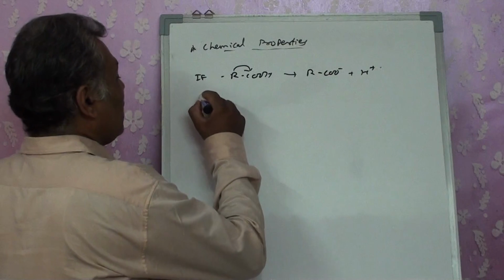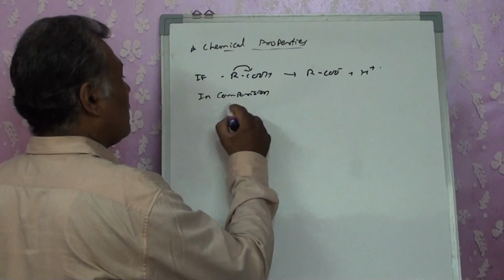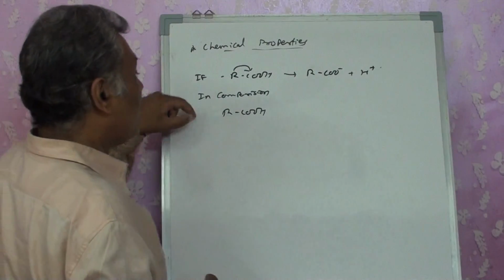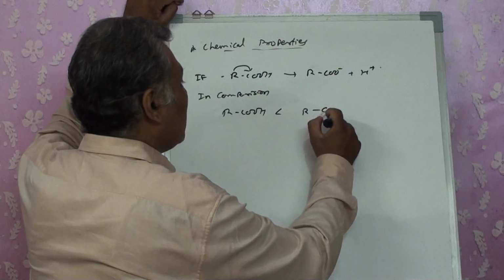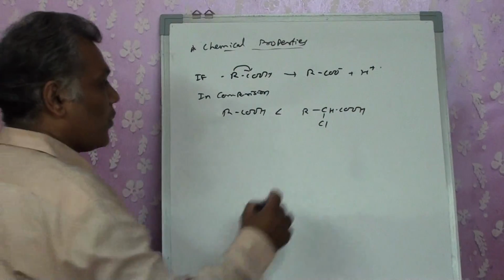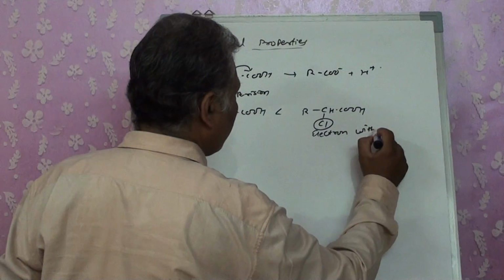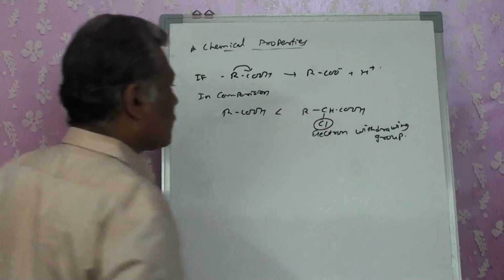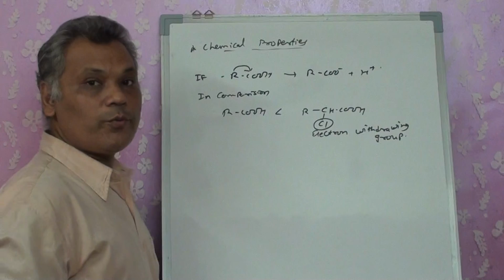So in comparison, RCOOH with an electron donating group is less acidic. If you are having it as RCCl, because this is an electron withdrawing group, the acidic character of carboxylic acid is more if an electron withdrawing group is attached to it.